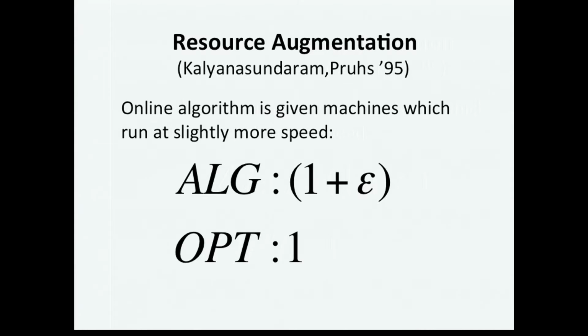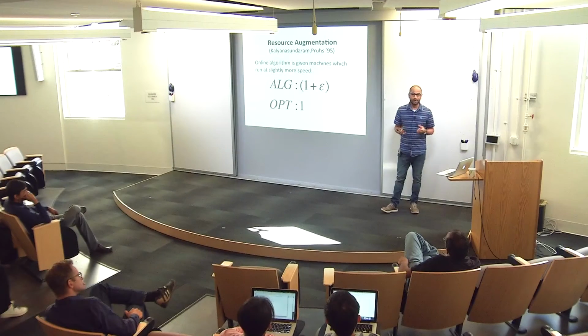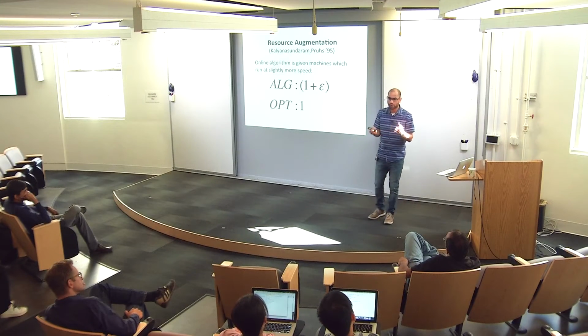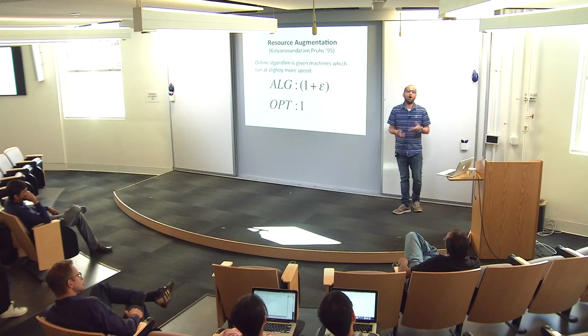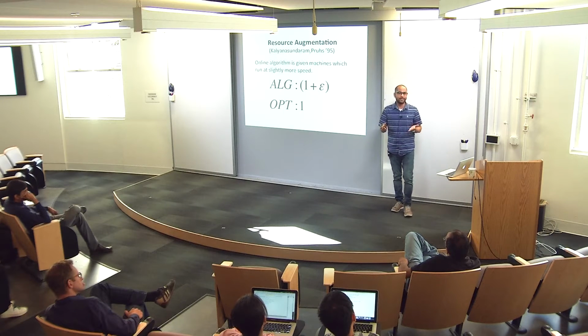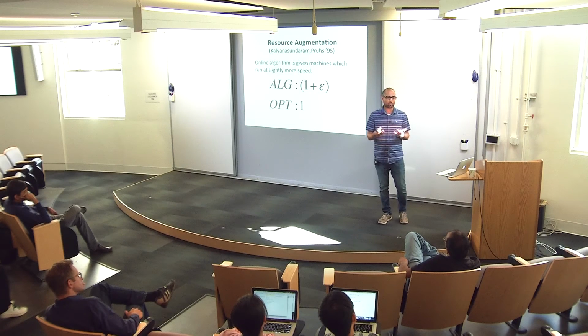Yes? Can you give some intuition why this resource augmentation is useful? The way I think of it, resource augmentation is separating good algorithms from bad algorithms. In the worst case analysis for these problems, all algorithms turn out to be equally bad. They say that the competitive ratio of any algorithm cannot be more than n, for example, or of n.